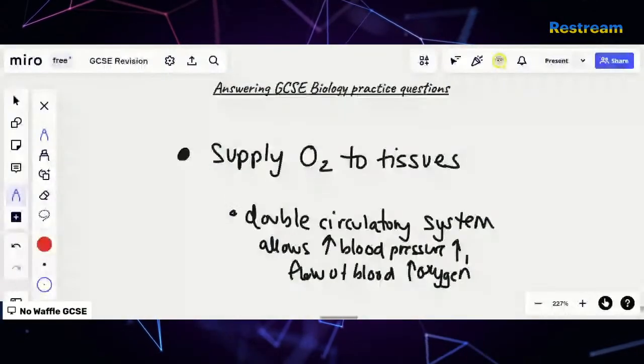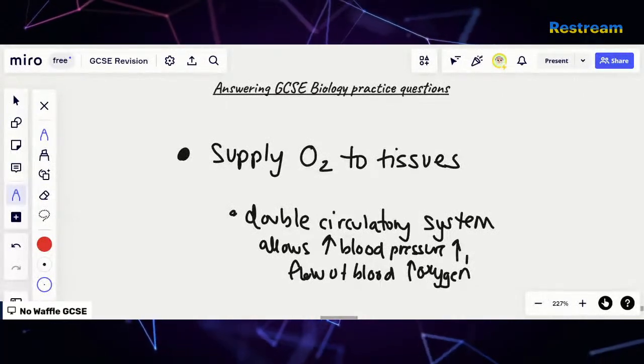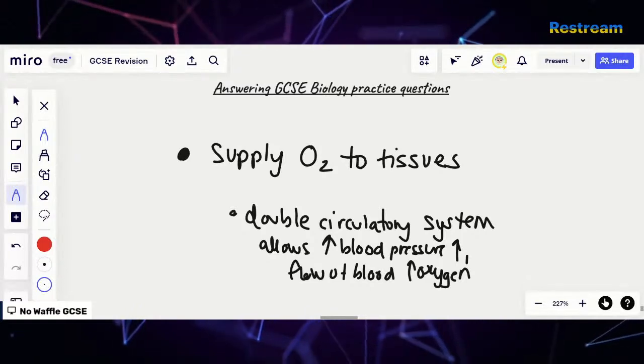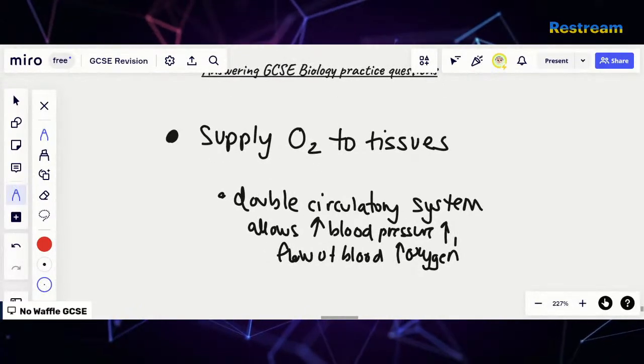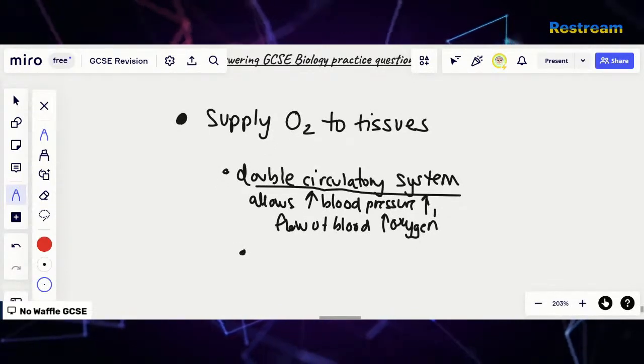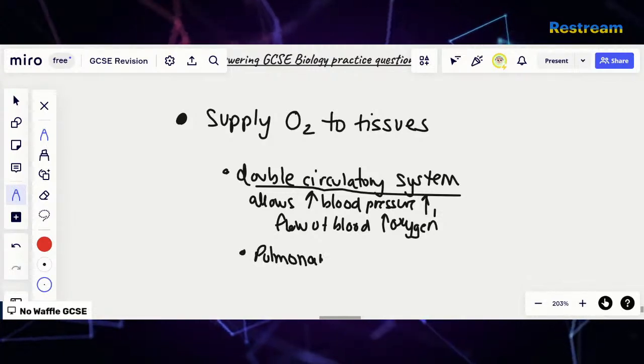We can also say how the pulmonary artery carries deoxygenated blood to the alveoli, where it absorbs oxygen. So double circulatory system is the first adaptation. The second adaptation comes from the pulmonary artery.